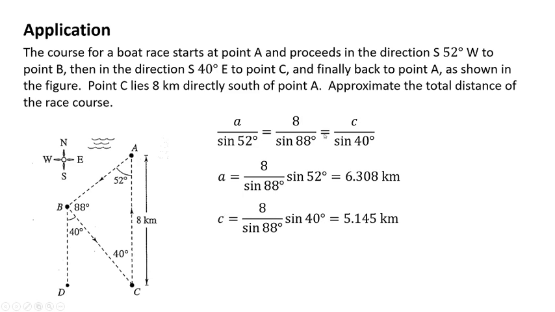In the same way, we can make use of these latter two portions here, and we can solve for C and get 5.145 kilometers. Now it's asking here specifically for the total distance of the race course, so that's going to be A plus B plus C, so it's going to be this plus 8 kilometers plus this for a total of 19.453 kilometers here.